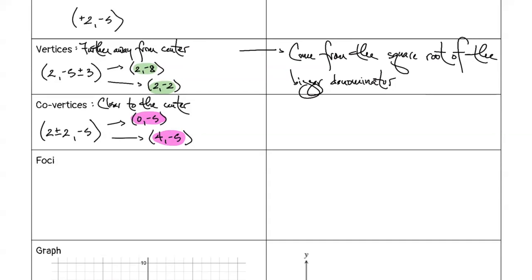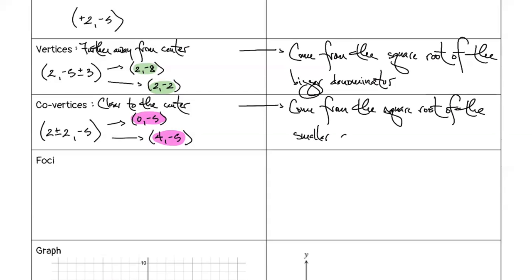So whichever points are further away, those are the ones that are the vertices. In contrast, the co-vertices come from the square root of the smaller denominator. Okay, because the co-vertices, doesn't matter whether they're side by side or up and down, they come from the smaller denominator.